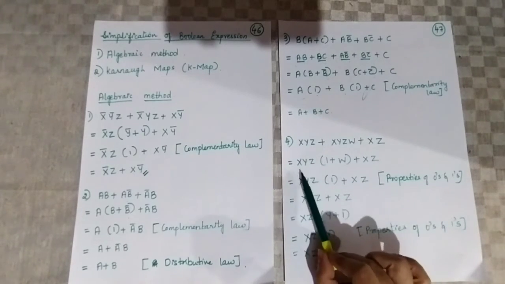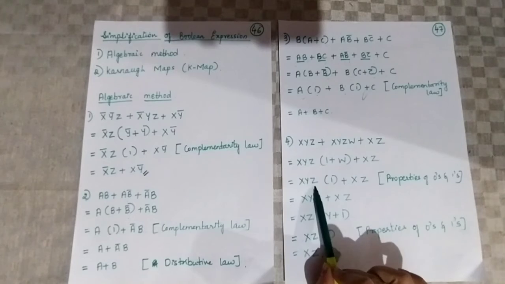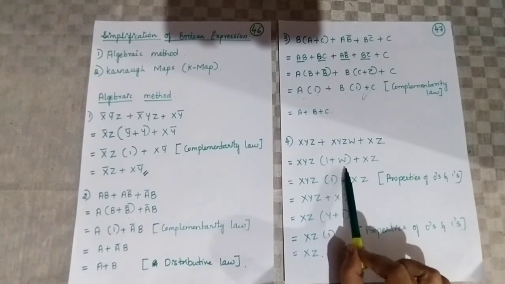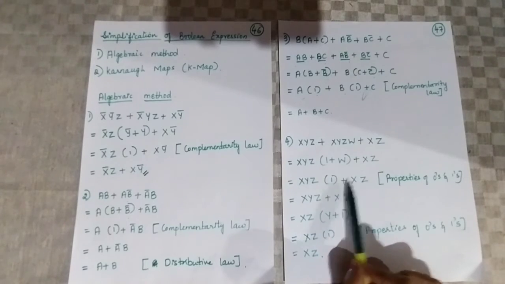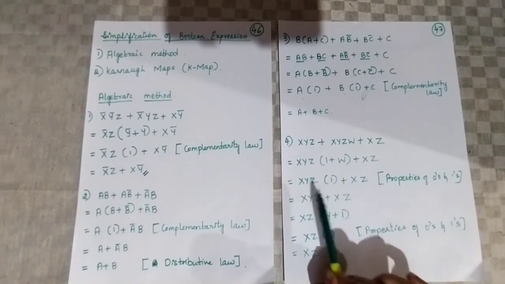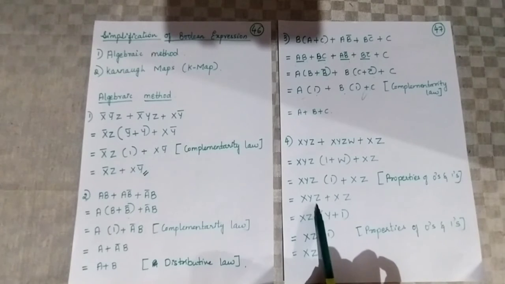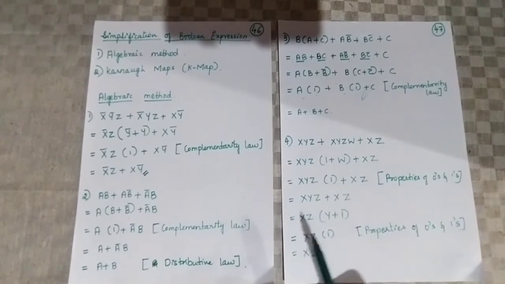Okay. Next XYZ, you keep it as it is. So 1 plus W results in 1. This is by properties of zeros and ones, plus XZ. Okay. So XYZ into 1 results in XYZ plus XZ.